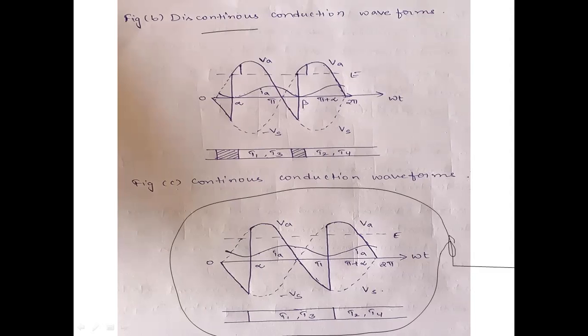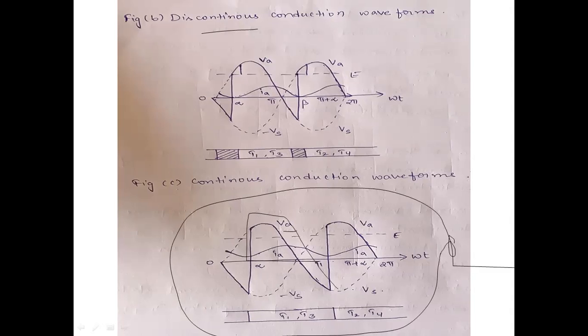From this continuous conduction mode, Va can be written as Va is equal to 1 by pi, integrated over the interval alpha to pi plus alpha. From here one cycle exists like this. So this is one cycle, and we are integrating over one cycle.